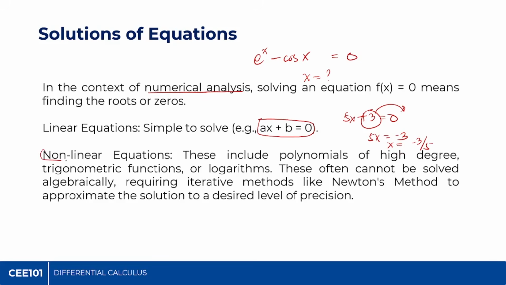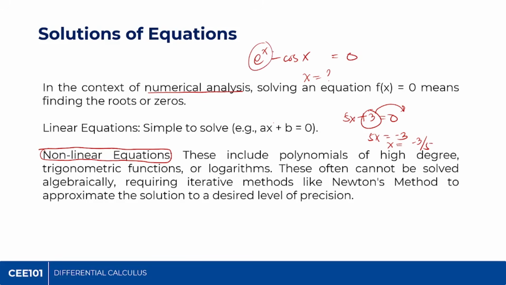But in cases where we have a nonlinear equation, meaning the exponent here is no longer 1. If it's 1, it's linear. If it's more than 1, or 2 or 3 or 4 or 5, then we are now dealing with a nonlinear equation.